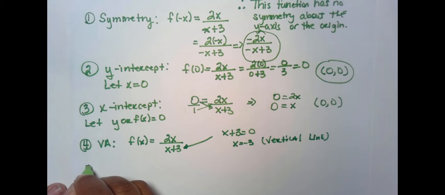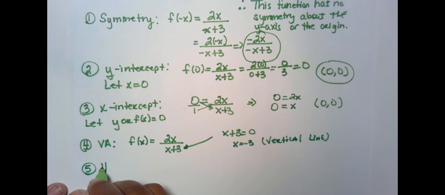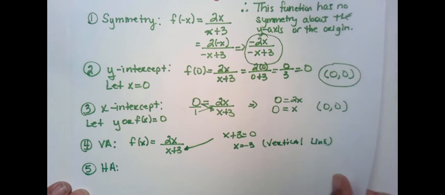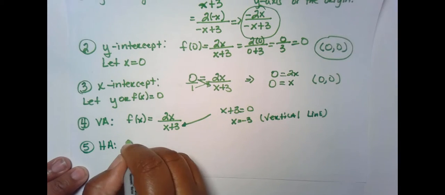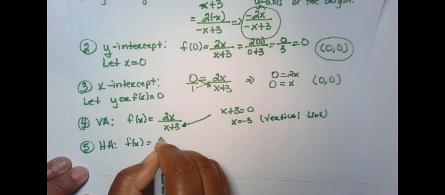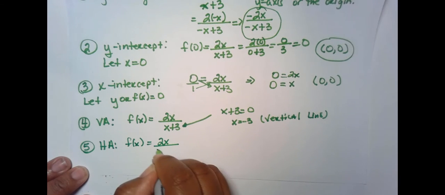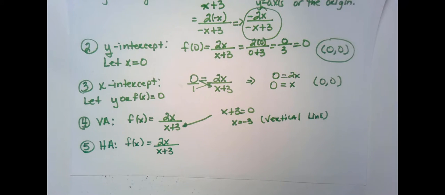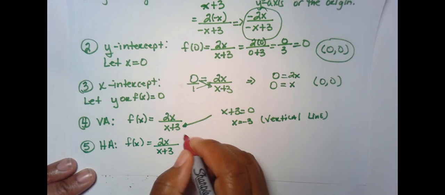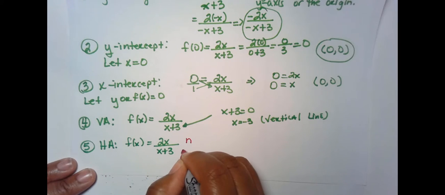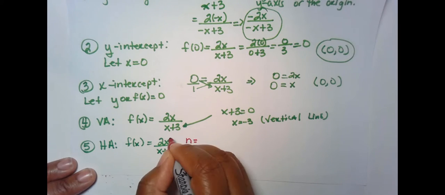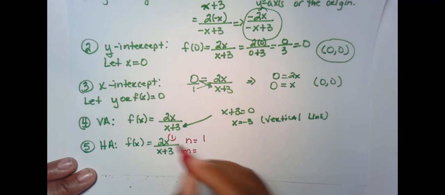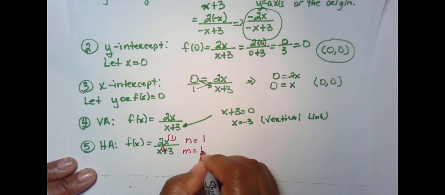And then step 5, our horizontal asymptote. We have f of x is equal to 2x over x plus 3. We're going to look at the degree of the numerator and the degree of the denominator. Our degree for 2x is 1 in the numerator, and our degree in the denominator is 1.